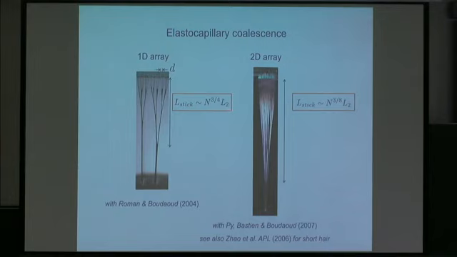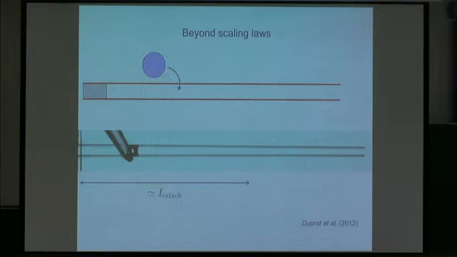So L2 is for two elementary objects, and depending on the geometry, the final sticking length will be proportional to the number of the elements involved in the bundle to the power 3/4 if you have a 1D array, or 3/8 if you have a 2D one. Well, it's more a detail. Anyway, just to show you that things are not always that simple.